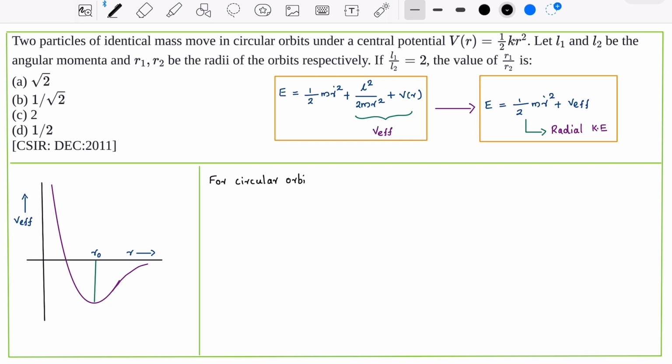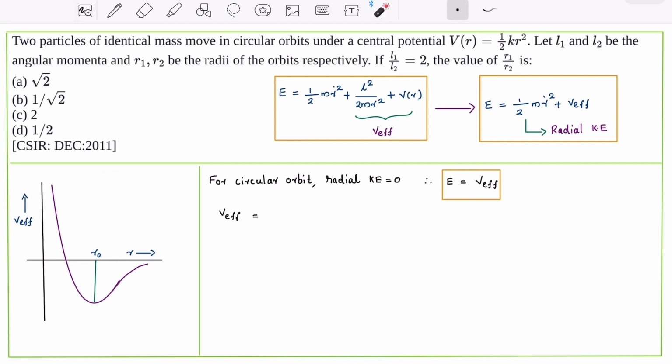Now for circular orbit, the radial kinetic energy is 0, that is, the first term half m r dot square is equal to 0 for circular orbit. Therefore, the total energy is nothing but V effective, the effective potential.